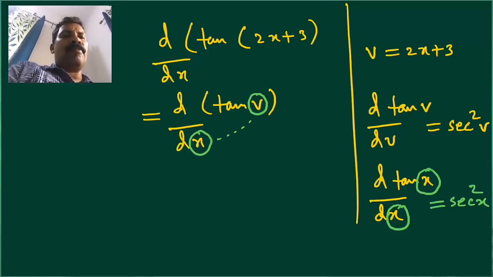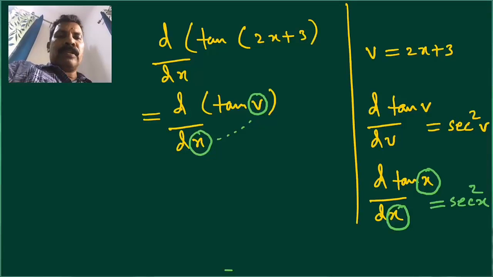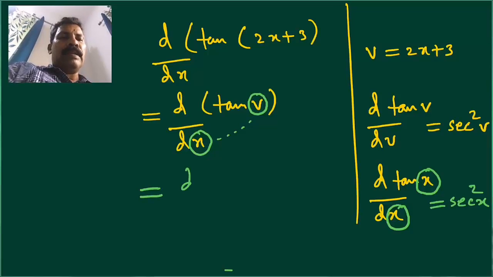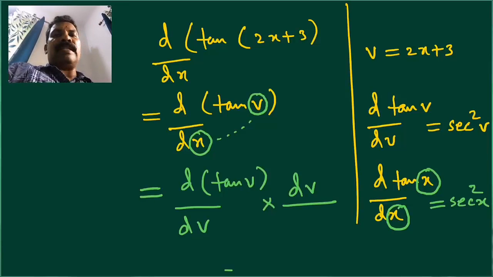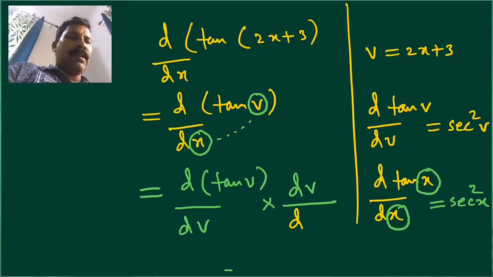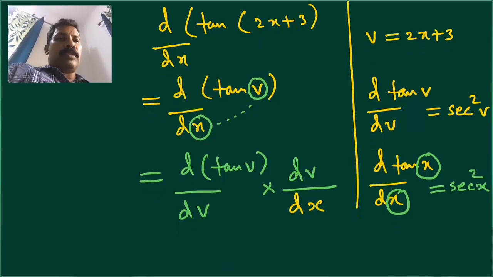So there is a problem of variable mismatching. In order to overcome this, we adopt the chain rule, that is derivative of tan v with respect to v, then to compensate we write dv, then again the required derivative with respect to x, like this. Then we can proceed.